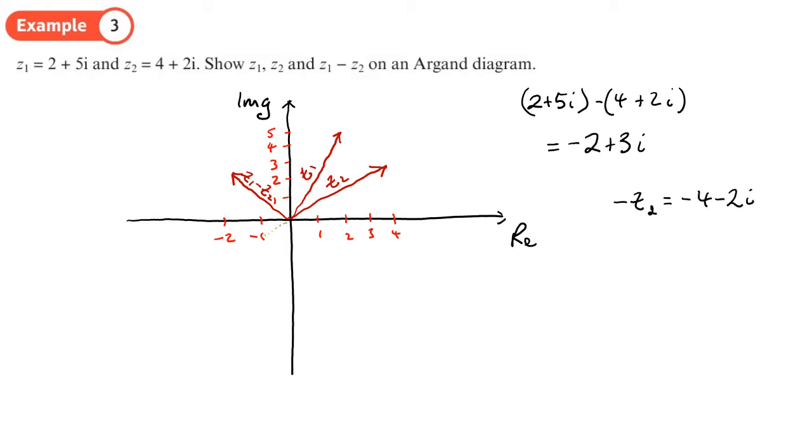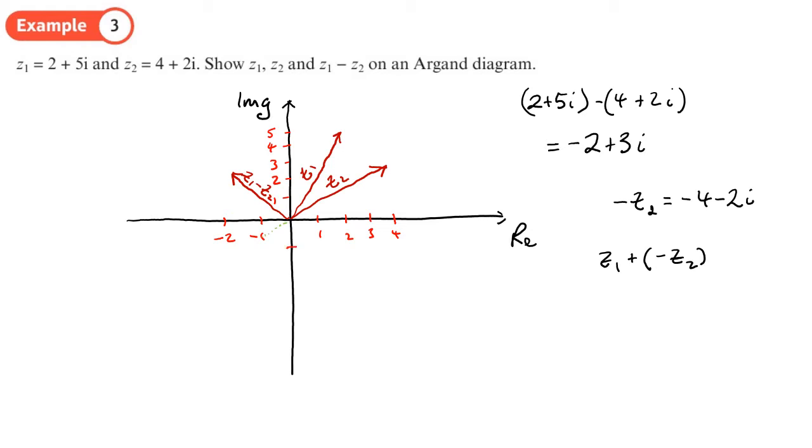So you could think of the question as Z1 plus negative Z2. Now we know how to interpret adding. It's like that parallelogram. So could I interpret this as adding Z1 and negative Z2? So negative Z2 would be negative 4, negative 2i.